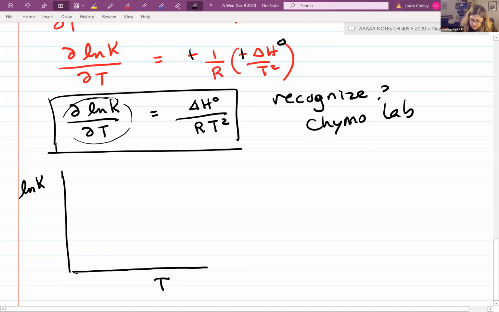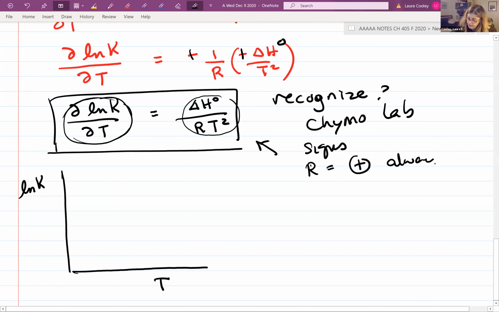Because I know that this derivative is proportional to delta H0 over RT squared. So let's think about the signs here. We know that R is always positive, right? We know that the temperature in Kelvin is always positive. But we know that delta H can be positive or negative.